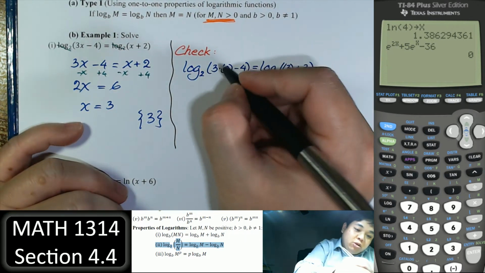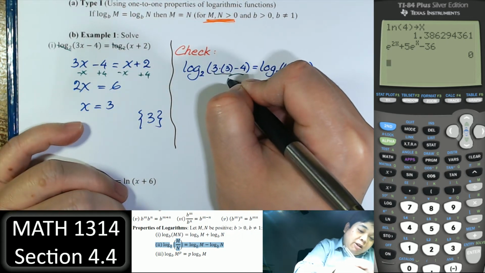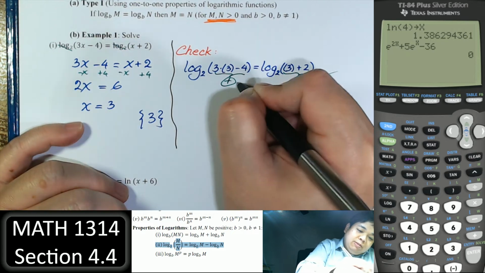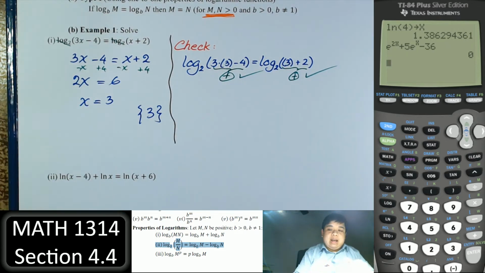Right, so that's certainly positive here. It is actually 5, but we check to make sure that they're positive. So that is our answer.